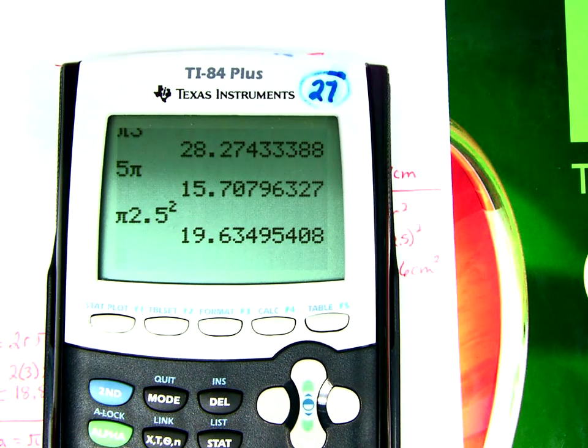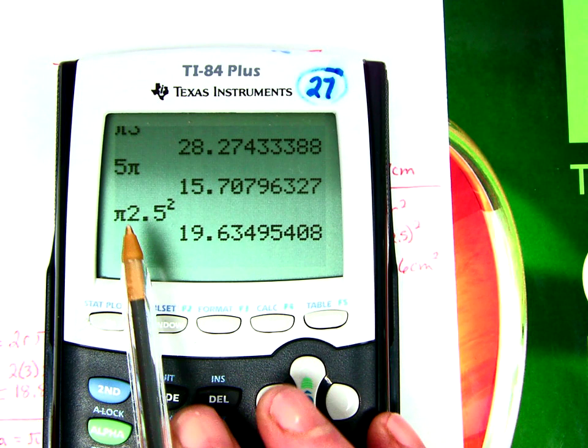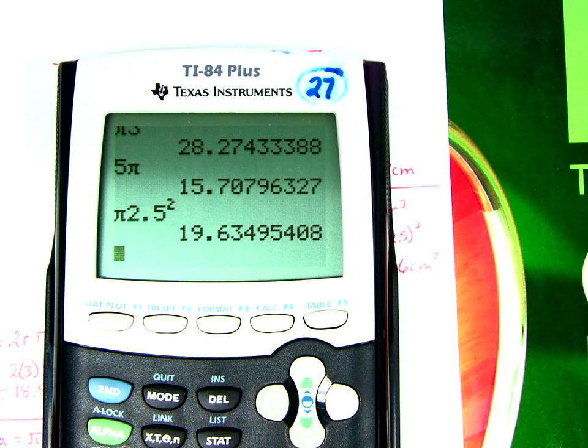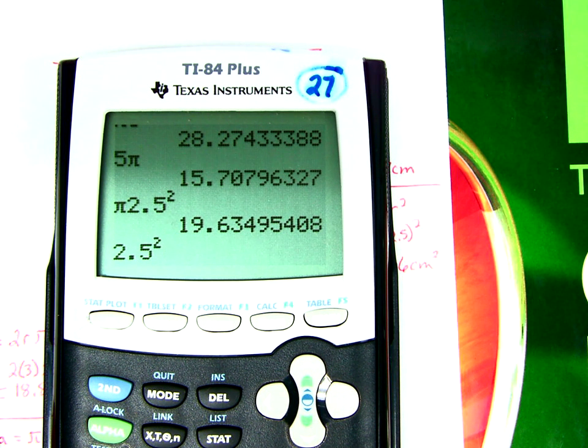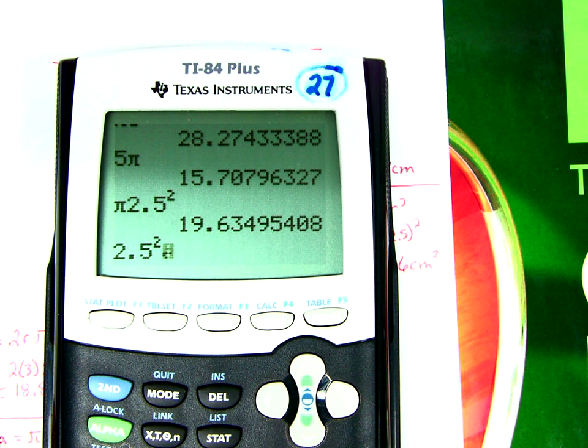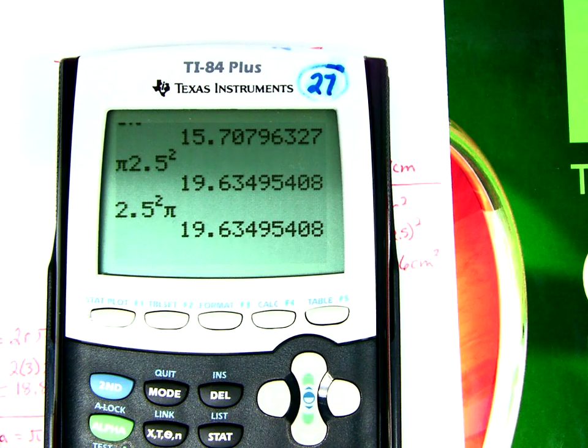Okay, so I typed in pi times 2.5 squared. You can change the order of multiplication, so if you accidentally type the coefficient in first and then pi, it's not going to make a bit of difference. As long as you use pi and not e, you will still get the same answer.